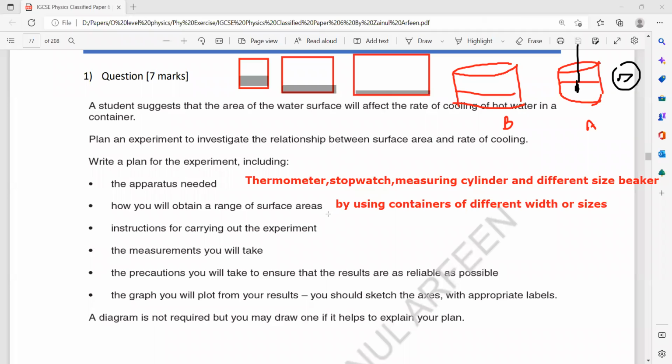Then the instructions to carry out this experiment. How do we do this experiment? So what we will do, we will pour or add, for example, 10 cm cube of hot water in, for example, a 50 cm cube beaker.